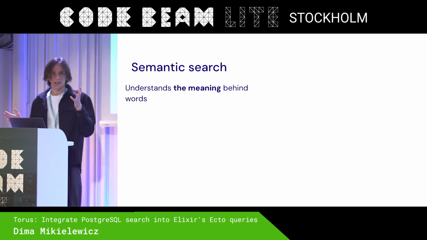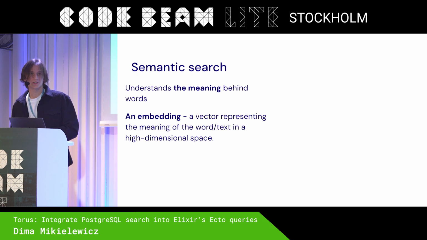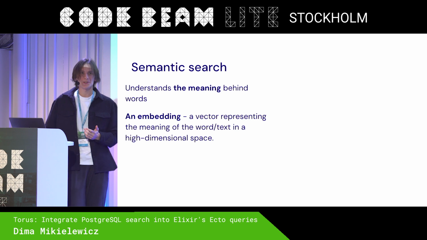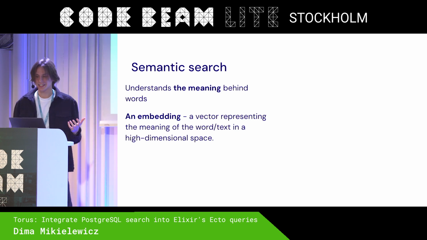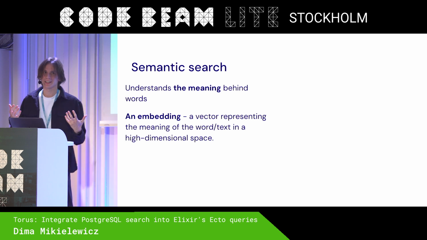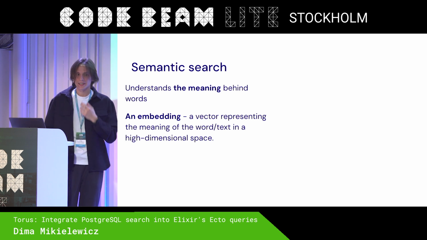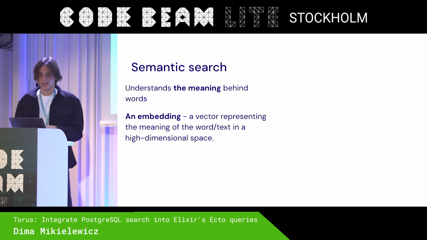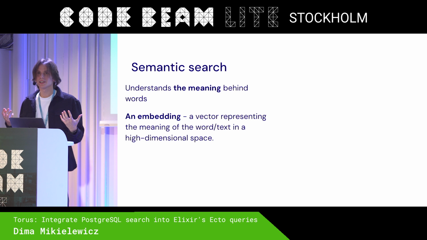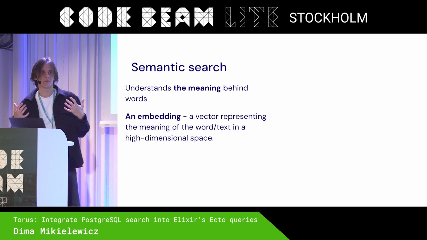And the funniest and the most interesting search is semantic search. So semantic search actually understands the meaning behind words to deliver the results that match your intent. It can handle synonyms, it can handle close words, and to understand how semantic search works, we need to introduce a concept of embedding.